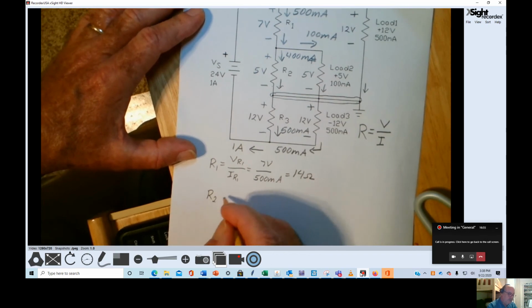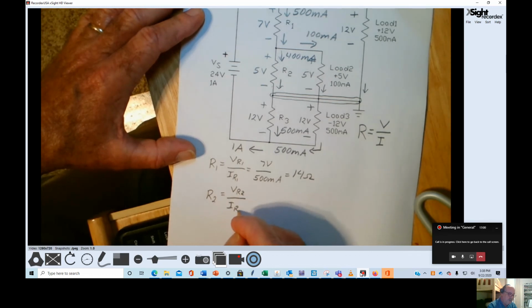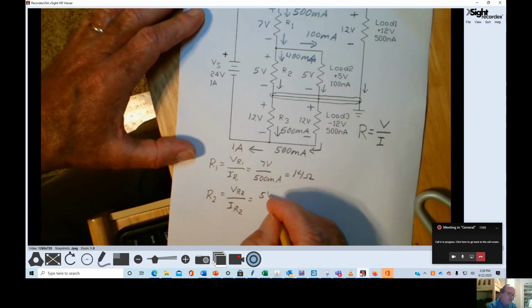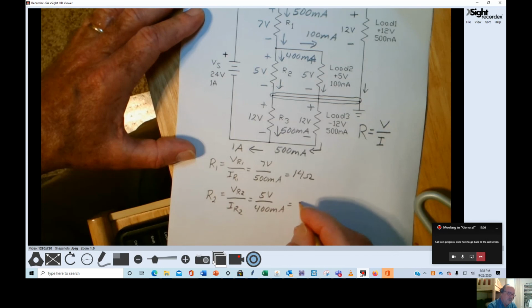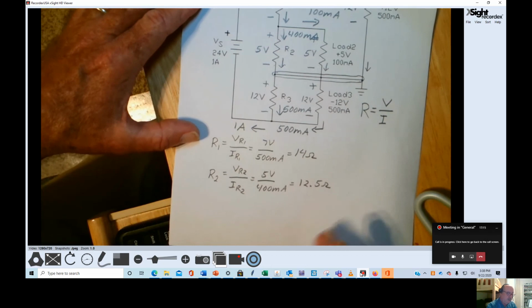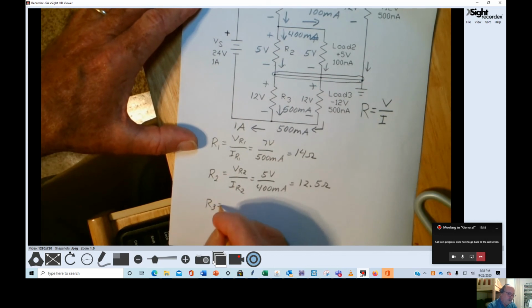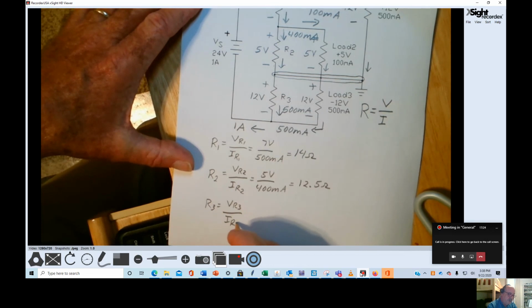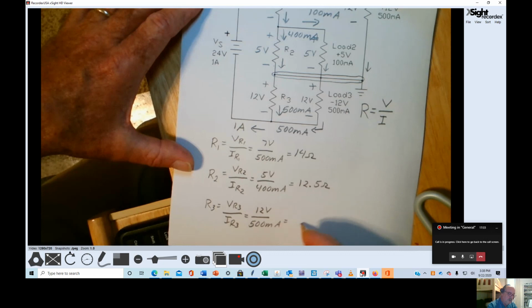And R2 equals VR2 divided by IR2. 5 volts divided by 400 milliamps is 12.5 ohms. And R3 equals VR3 divided by IR3. 12 volts divided by 500 milliamps equals 24 ohms.